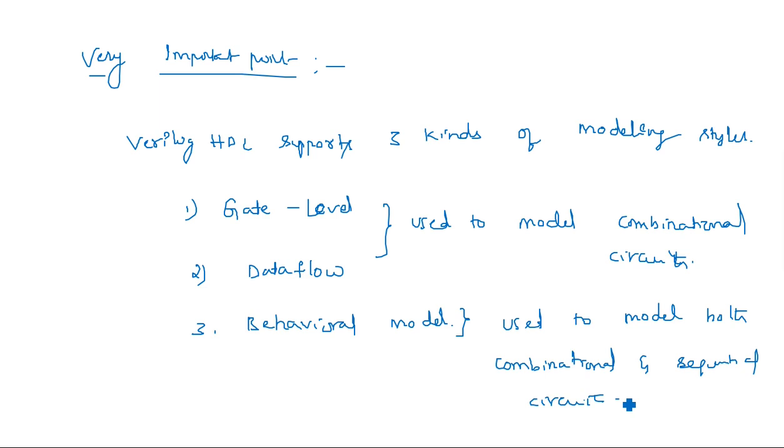Data flow and gate level are basic levels used to construct hardware description for combinational circuits, whereas behavioral modeling is used for both combinational and sequential circuits. In the next video I will explain gate level, data flow and behavioral modeling. Thank you.